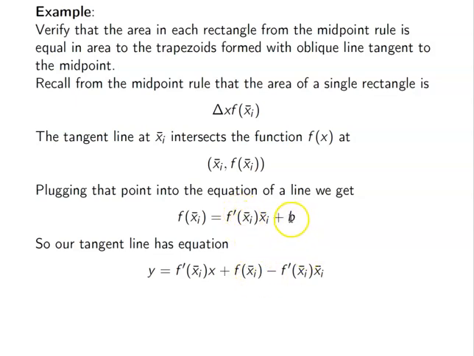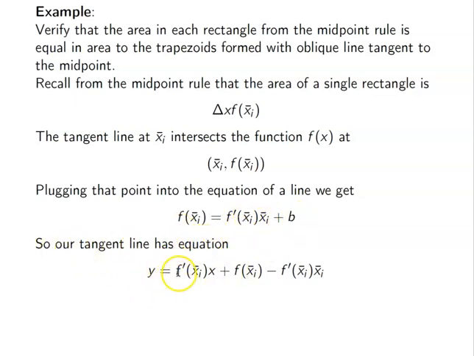So if I solve for b, I take that y value and subtract the derivative at that point times the x value for that point. Basically, I'm just getting b alone. Remember, when you're finding the equation of a line, y equals mx plus b. If you have a point, you plug that point into your function and solve for the y-intercept. That's basically what I'm doing here. I know what the slope is, I know I have an x and a y, or output, I plug it all in and I solve for it.